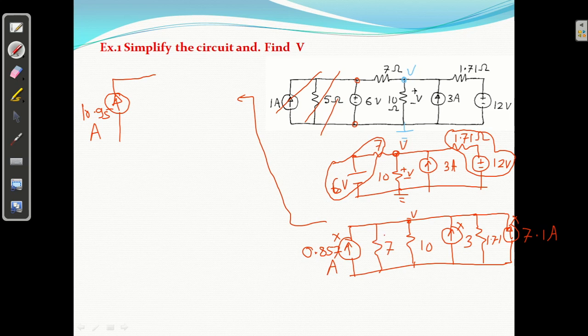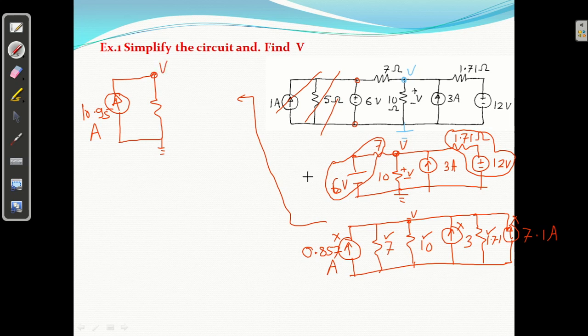This resistance 7 ohm, 10 ohm and 1.71 ohm, all three are in parallel. If these three resistors are in parallel, you can make it one. So if you use the calculator, this point connected to ground, this is the V. So I am getting this resistance.